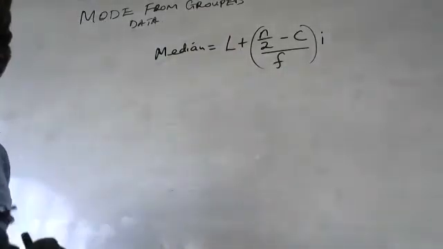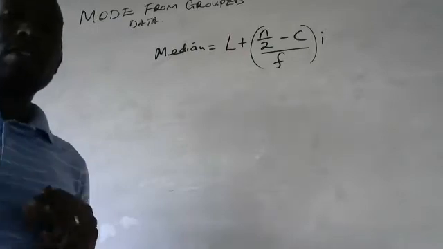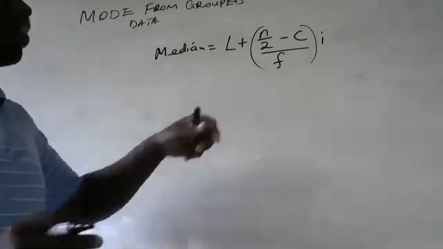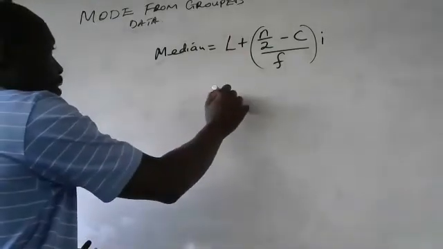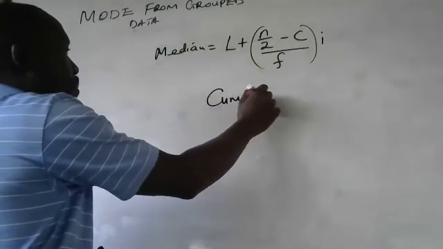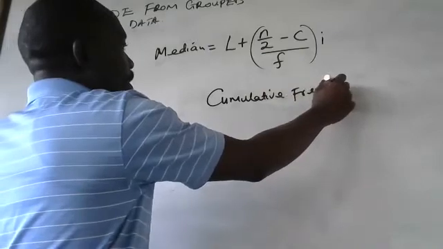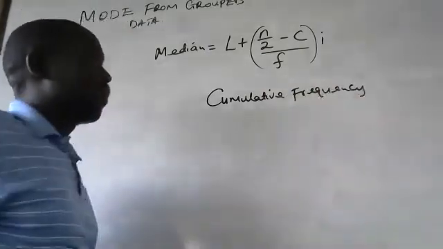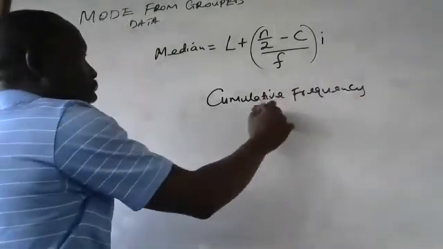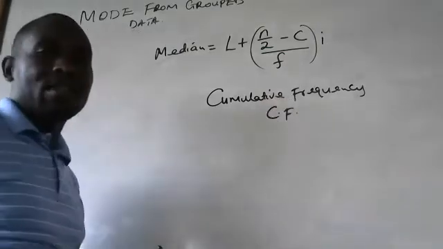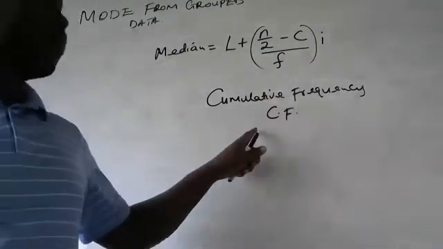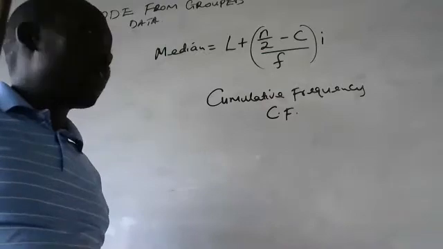And anytime you are calculating the median, you must get what we call the cumulative frequency. You must create the cumulative frequency, which is normally denoted as the CF.